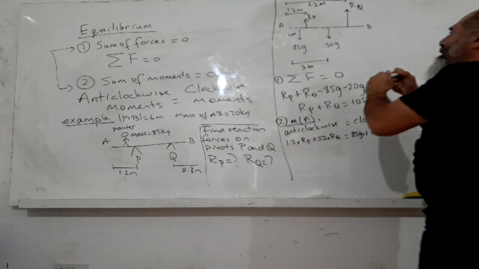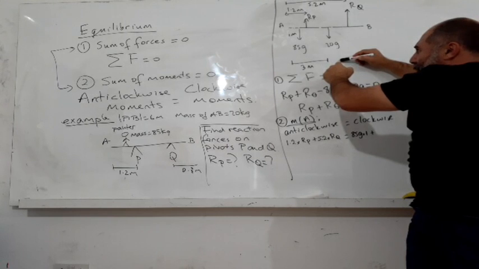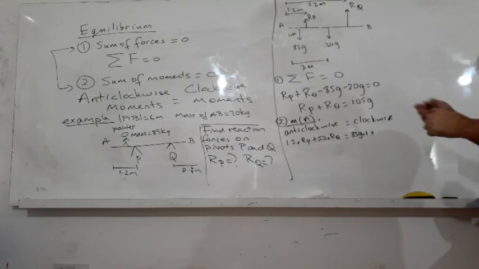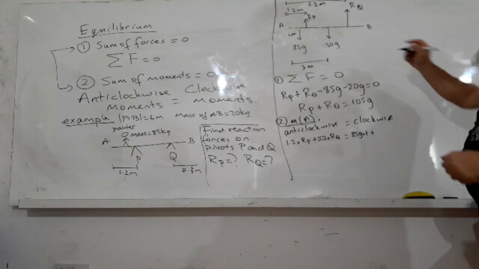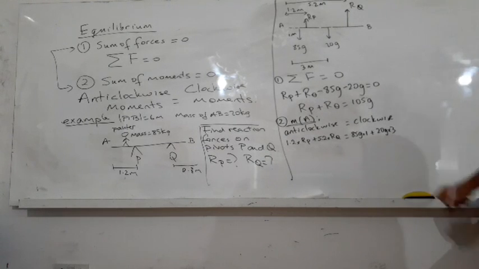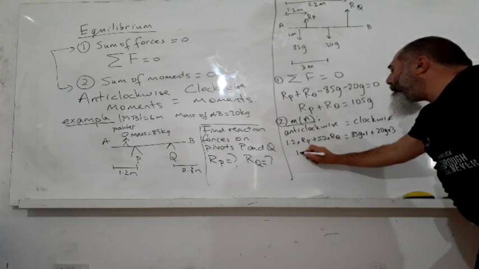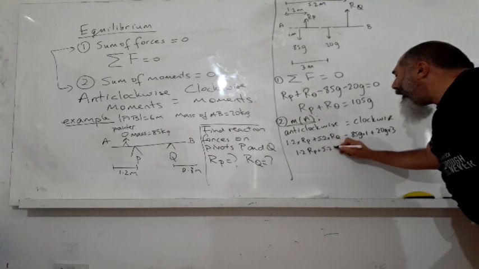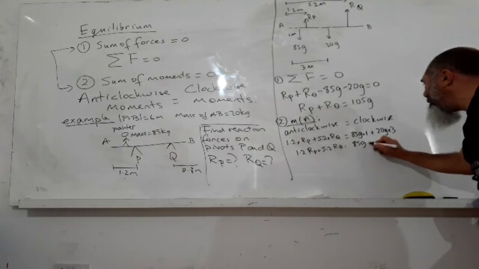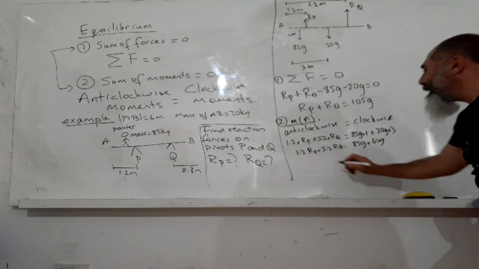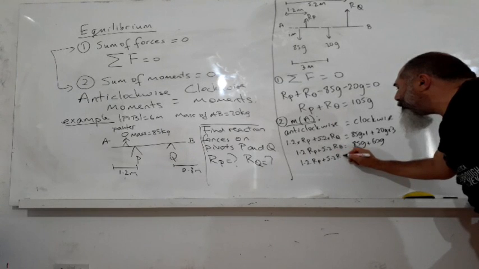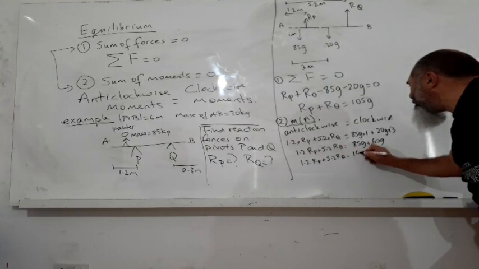And its distance from A is 3 meters. So the moment of the weight of the rod is going to be 20G times 3. So 1.2 RP plus 5.2 RQ is equal to 85G plus 60G. 1.2 RP plus 5.2 RQ is equal to 145G.